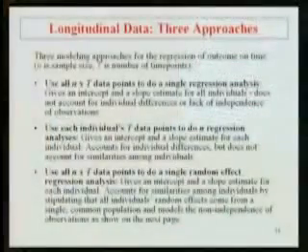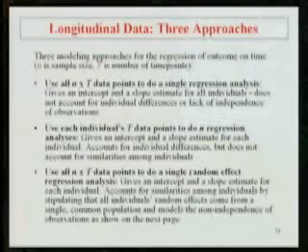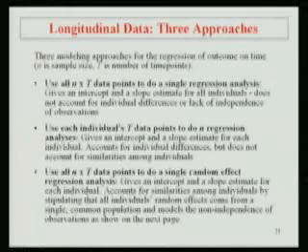Let's have some nomenclature here. N is sample size, cap T is number of time points. So in this case, we have 4 time points for about 400 babies. And we can use all data points. We can say that we have 400 babies observed for 4 time points. That's 1,600 observations, right? All data points.